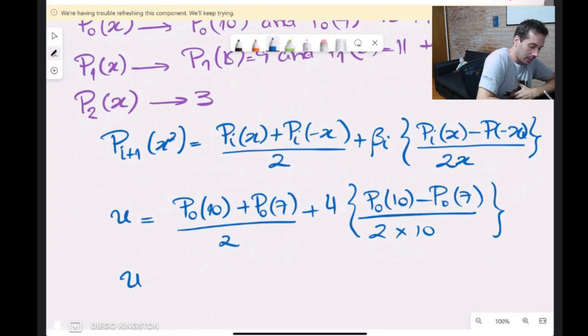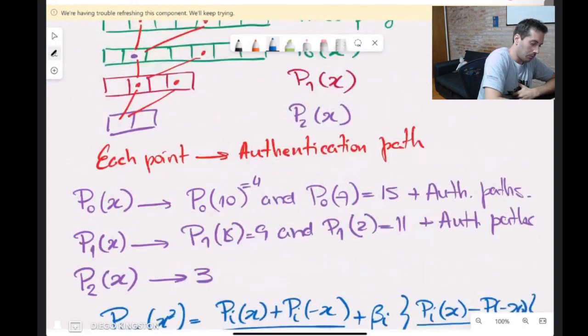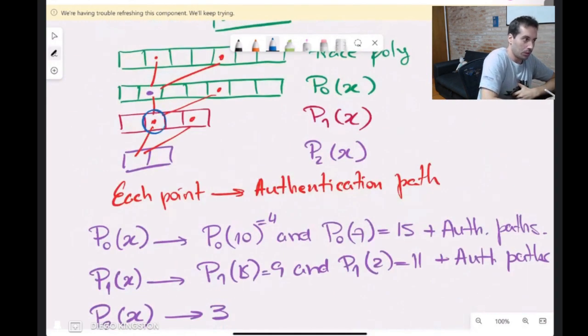And if we do all these calculations, this is equal to 16. And this value is also equal to P1 of 15, which was this value. So we took two values from the upper layer and we got the same value in the lower layer.